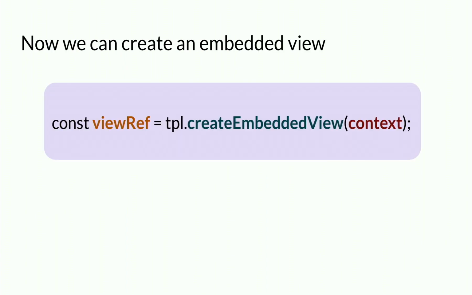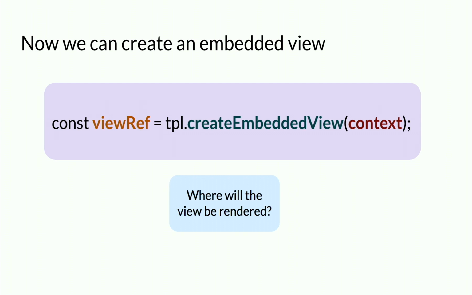So now that we have a reference to an ng-template, we can create an instance of the embedded view using the createEmbeddedView method of the instance, passing in the context, and we will get a reference to the embedded view instance. But where will the view be rendered?